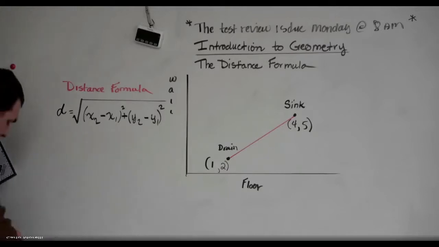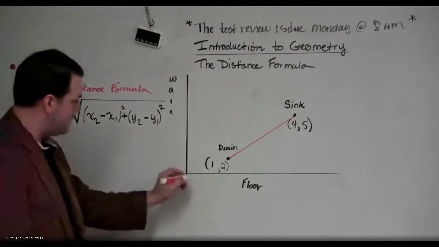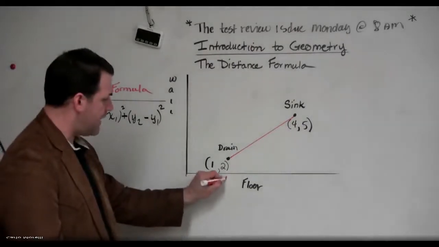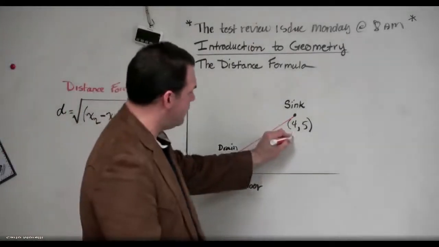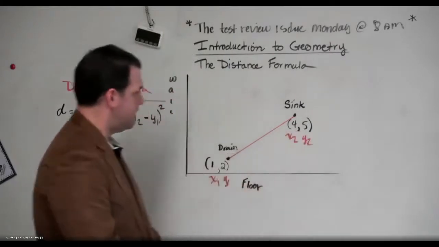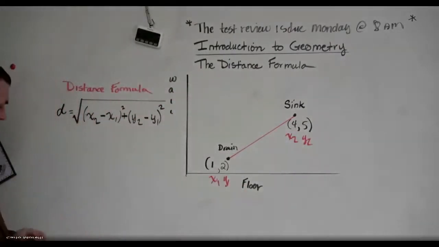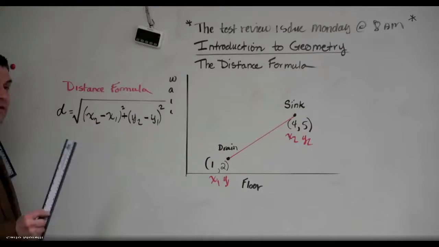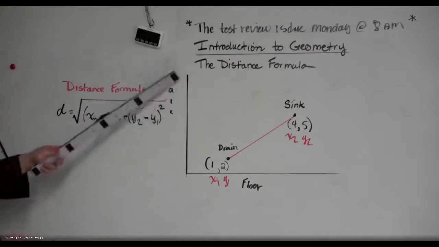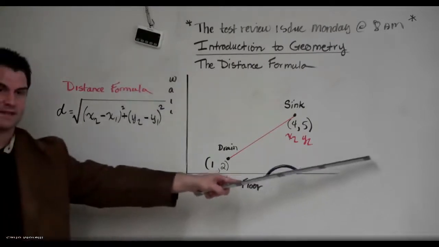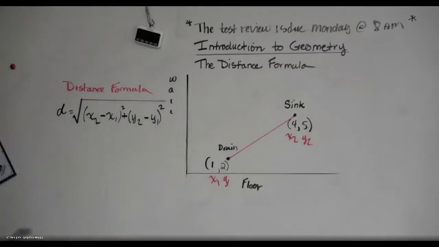So it goes without saying that we need to label our points. We can label this here x1, y1, x2, y2. So suddenly we're thinking about the location of the drain and the sink as coordinates, right? And this kind of is like a y-axis and this is like an x-axis, right? So let's plug in the numbers and see what we get.